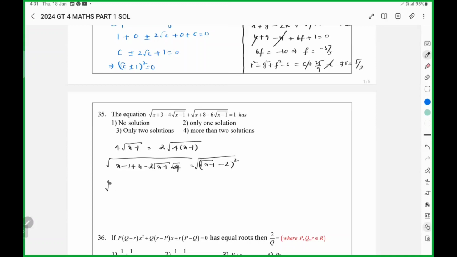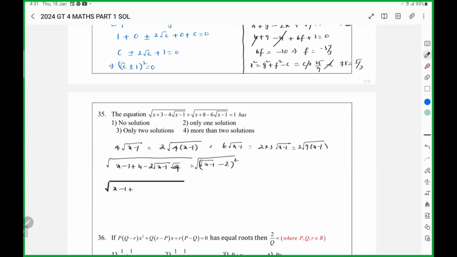Similarly, if I consider the other one, 6 root x minus 1, 2 into 3 is 9 into x minus 1.